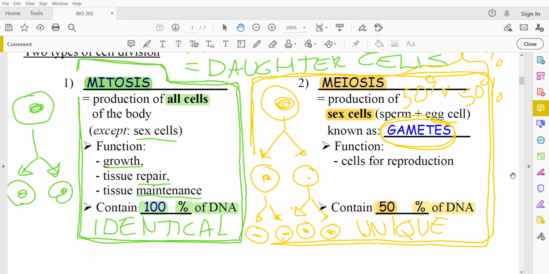And all of these cells, daughter cells, are unique from each other and of course from the parent cell as well. So this is how we introduce the variation to the sex cells, and we have 50% of the DNA in each of the sex cells in a sperm and in an egg cell. When they fuse together, we get 100% of the DNA in the offspring, in the child, but 50% is from a father, 50% from the mother. I hope that makes sense.